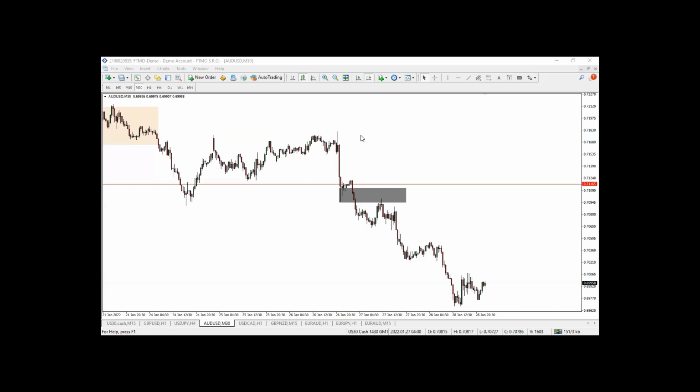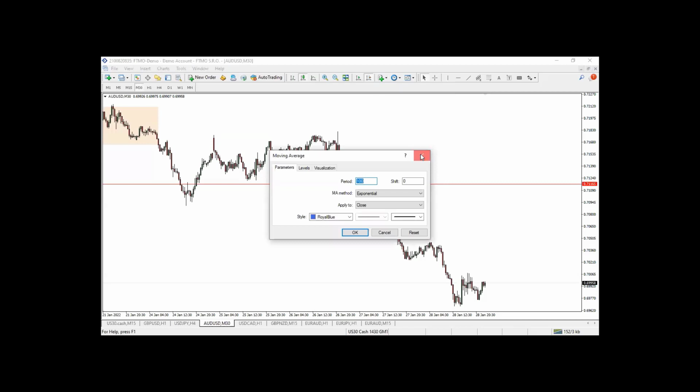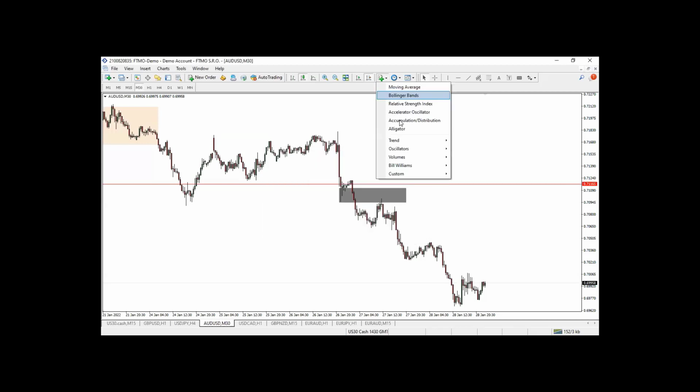So for you to install a moving average on your chart, you go to your indicators. You can see where I'm clicking here. You click on that button there, then you click on moving average. If you don't find it there, you go to trend, then moving average.